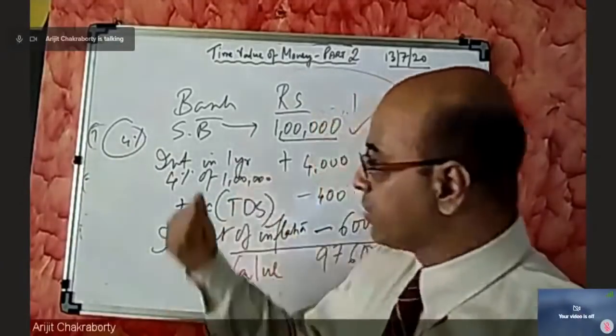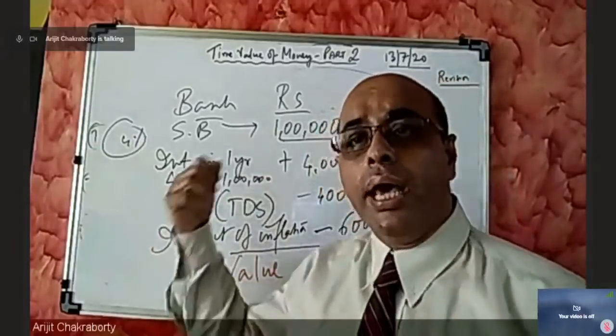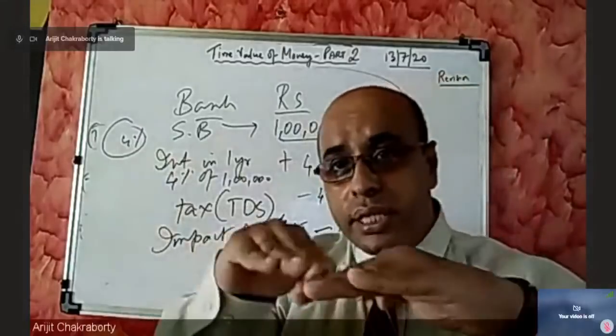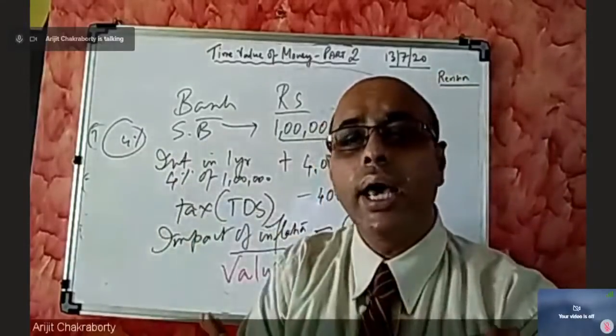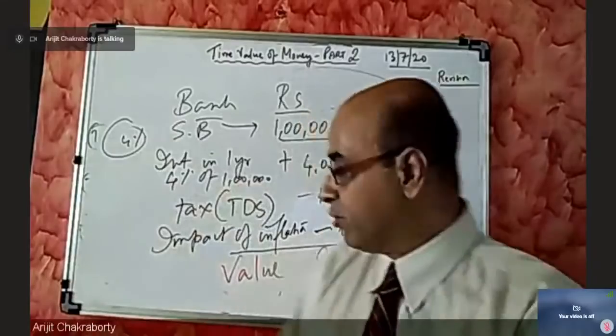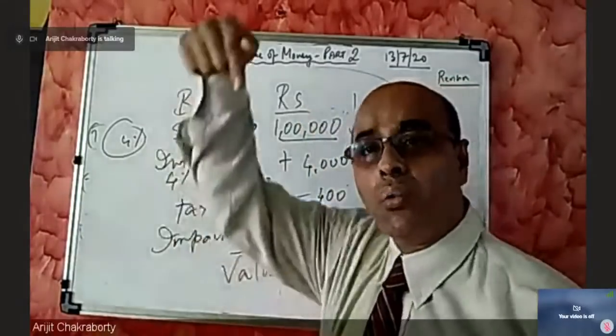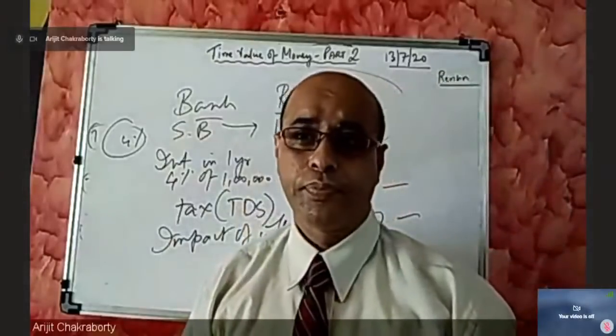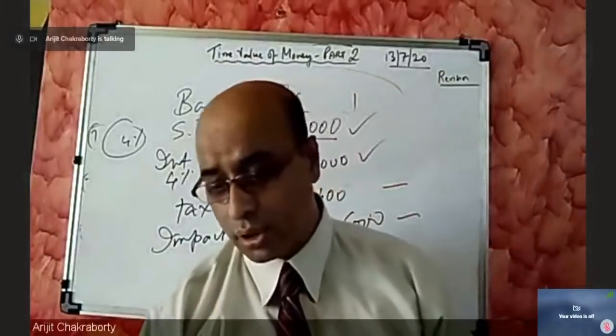If the return I am getting, here 4%, is less than or equal to the inflation rate, then I am not earning anything. The value at the end of the year will go below the value I had at the beginning of the year. I hope this is now clear to all of us.